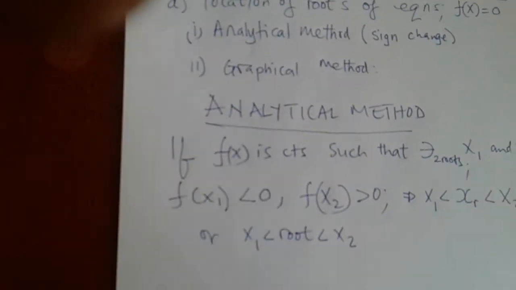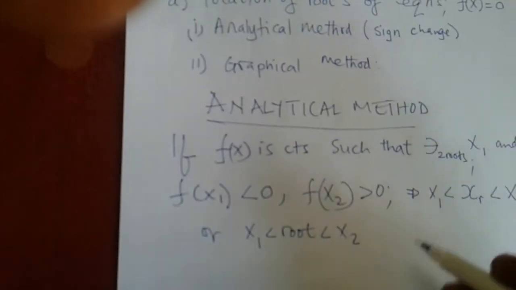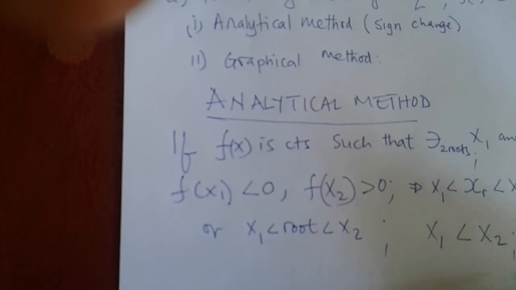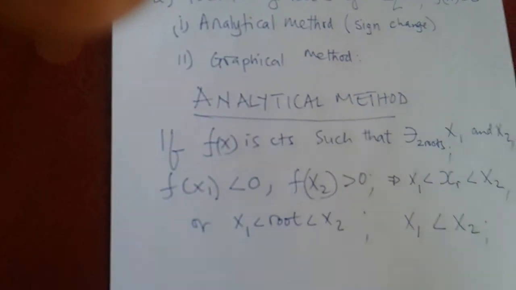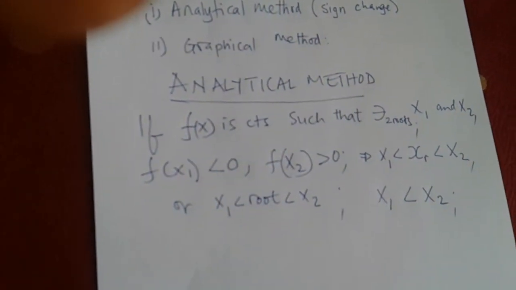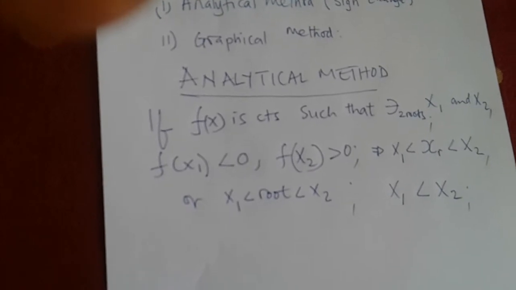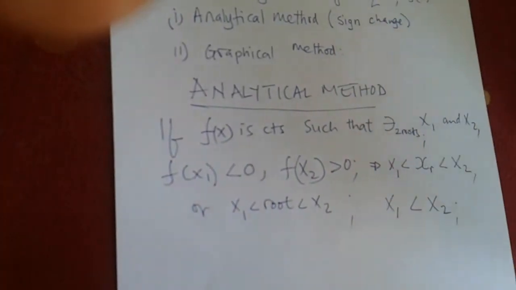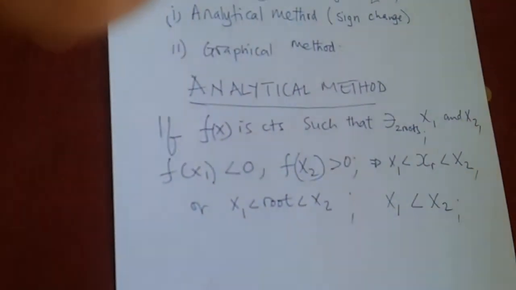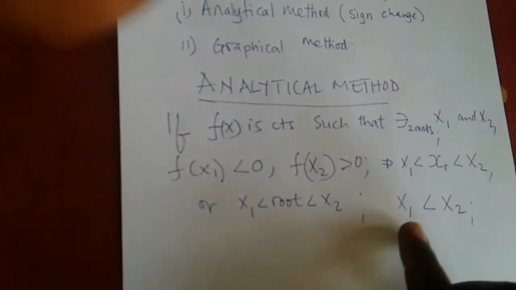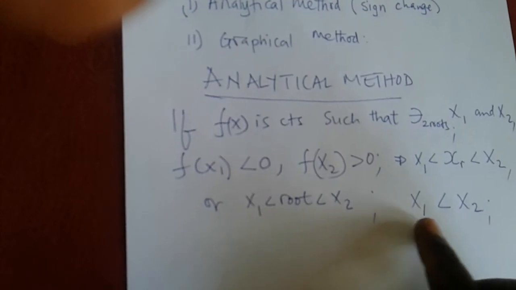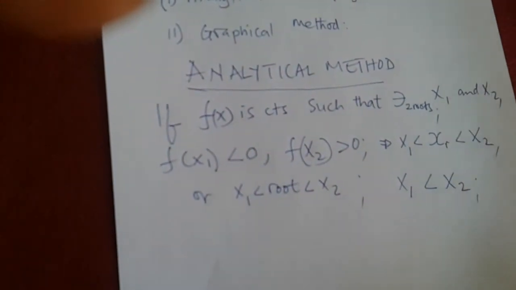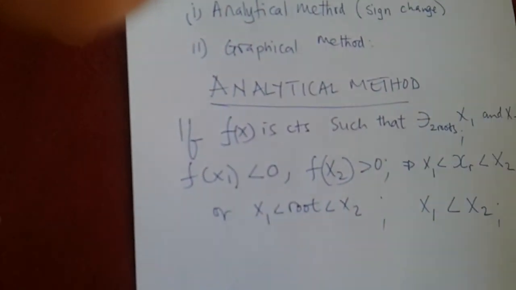Therefore, x1 is less than x2, because if x1 were giving a positive and x2 the negative, then x1 would be bigger. But since x1 gives a negative and x2 gives a positive, x1 is less than x2.